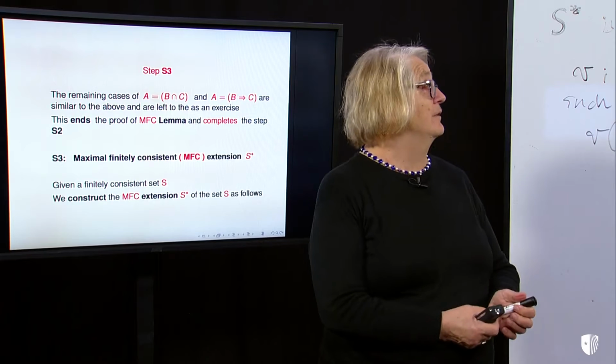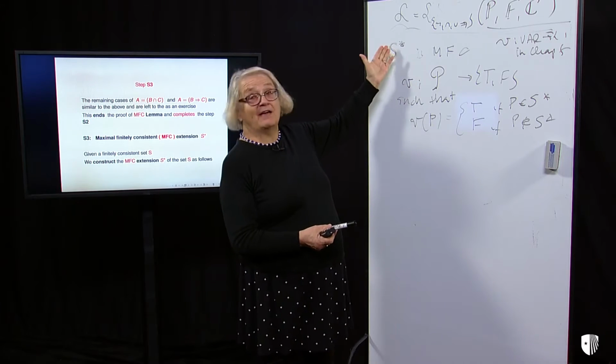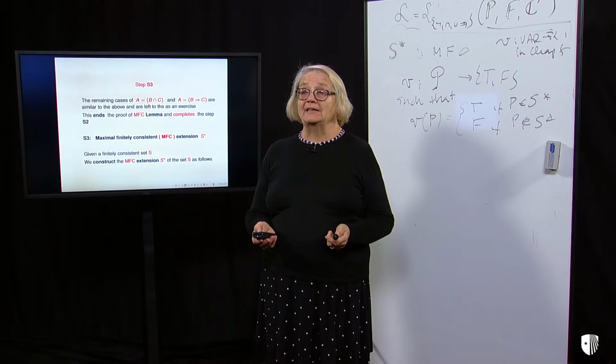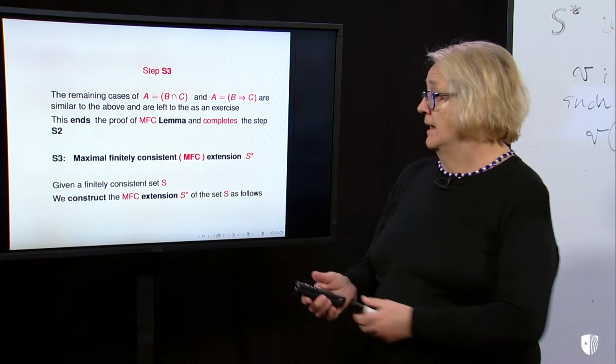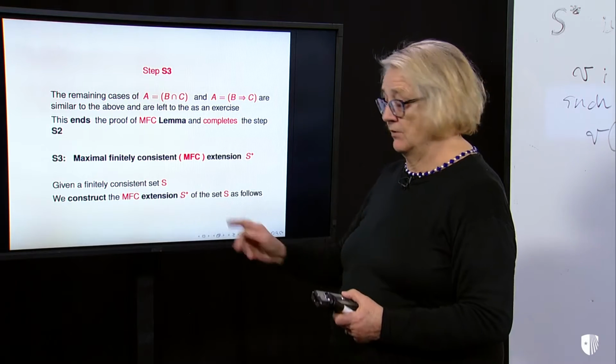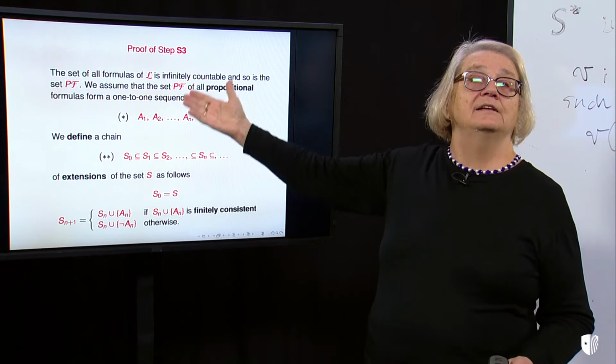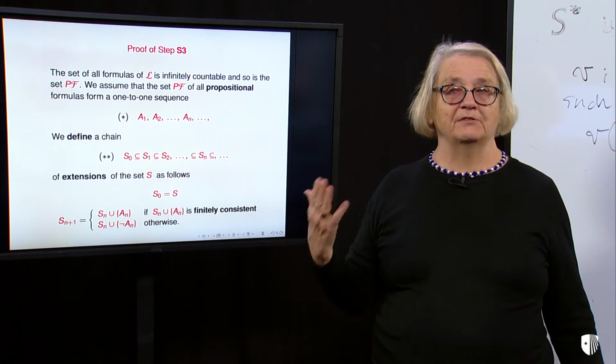We assume that we have it, though I haven't constructed it yet, and we construct the extension S prime of S as follows, again exactly the same way we did in chapter 5.